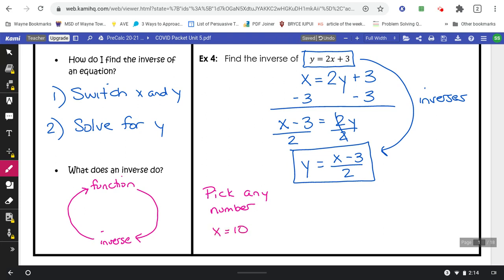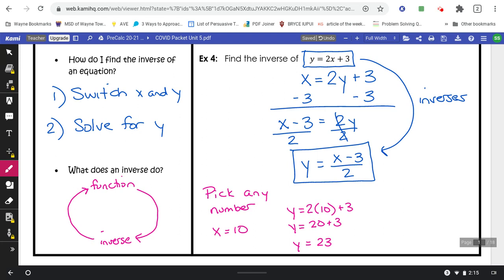X equals 10. We'll start by plugging in the 10 up here in our original equation. Y equals 2 times 10 plus 3. That gets me y equals 20 plus 3, giving me y equals 23. So 10 got me an answer of 23. Here's what the inverse does.